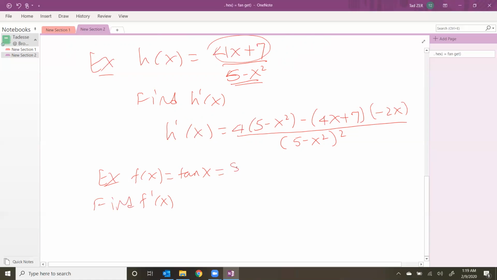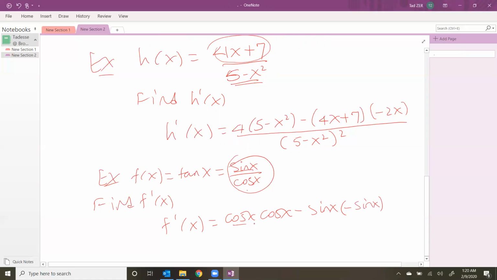Tan is sine divided by cos, so directly you can apply the quotient rule. The derivative of tan x becomes: the derivative of sine is cos, times the denominator cos x, minus sine x times the derivative of cos x, which is minus sine x. All of this is divided by cos x, the whole square.